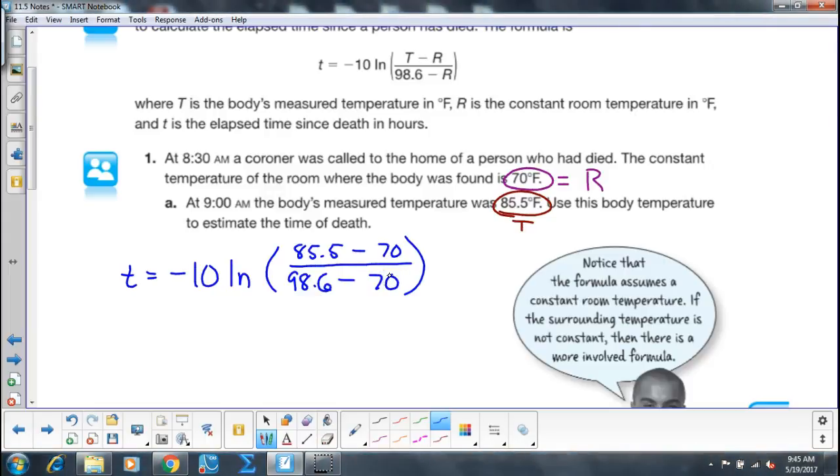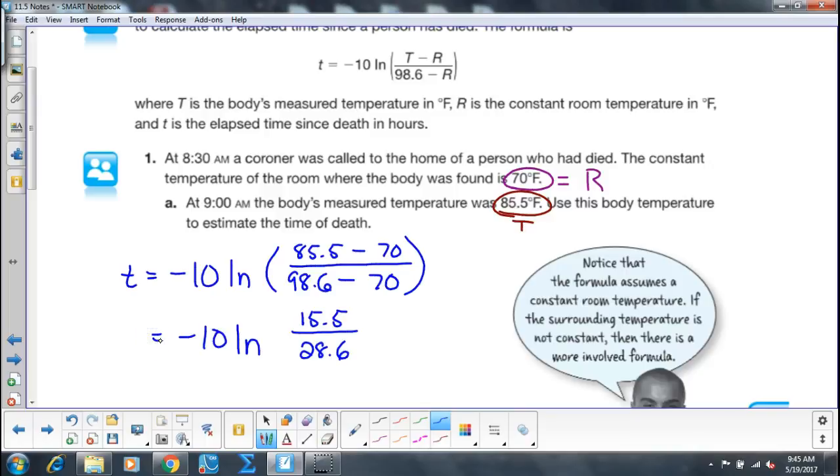With me on that? Okay. So 85.5 minus 70 is 15.5. 98.6 minus 70 is 28.6. Agree with that?